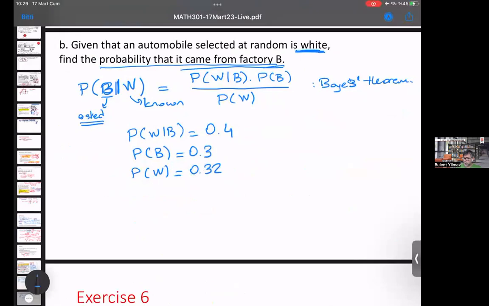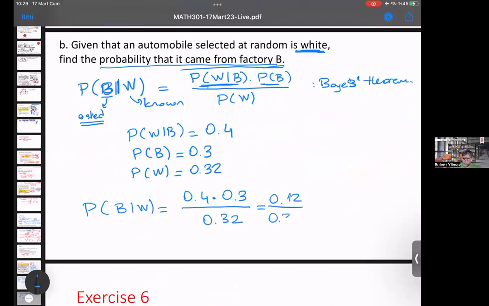Okay. So then I'm going to plug in the things that I know. It is 0.4 times 0.3 divided by 0.32, which is 0.12 divided by 0.32.